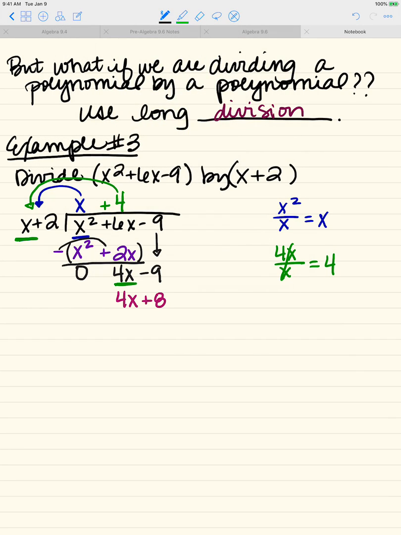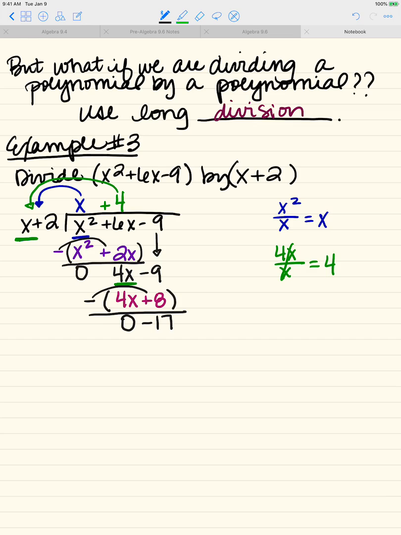And we are going to subtract that whole thing, just like in long division. 4x minus 4x is 0. Again, you can write it. You don't have to. Then we have negative 9 minus 8. Negative 9 minus 8 gives us minus 17.